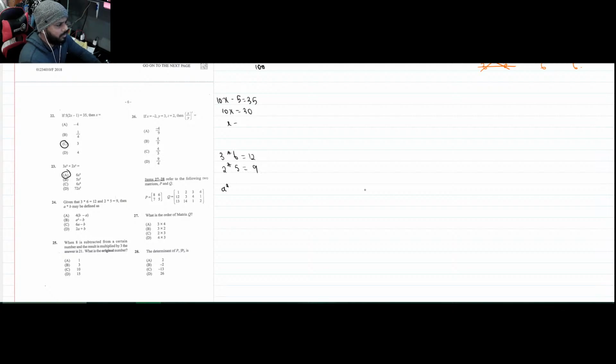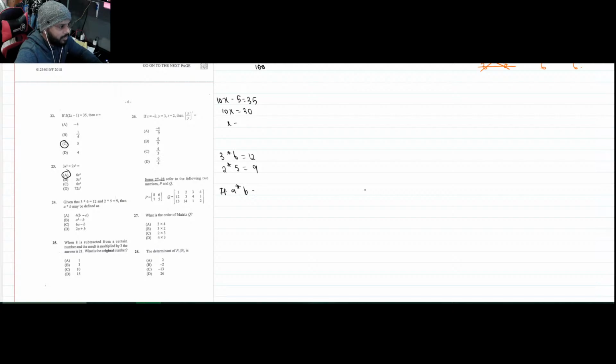Then a star b may be defined as... Alright, so in cases like this, I recommend you just check each one of the answers.